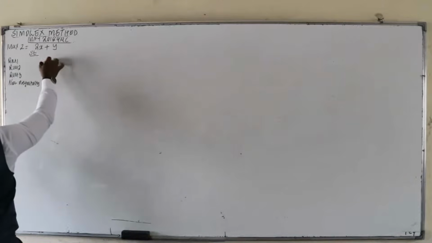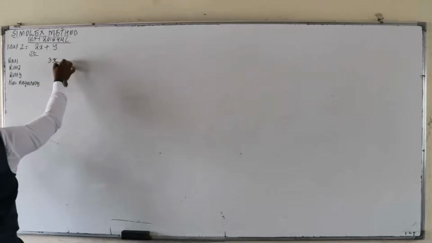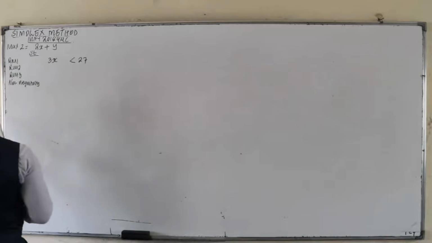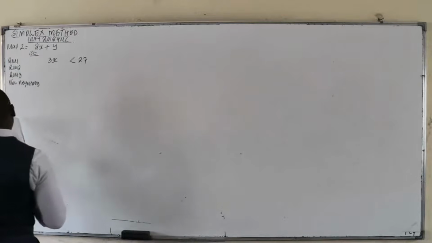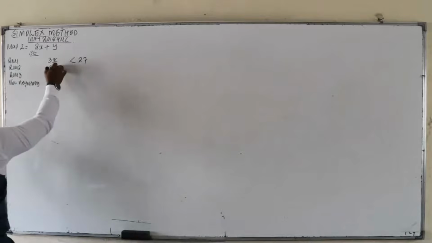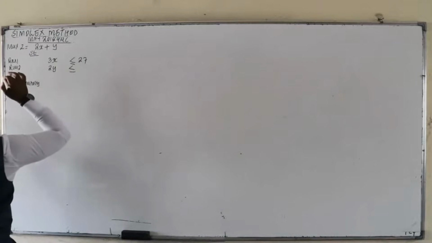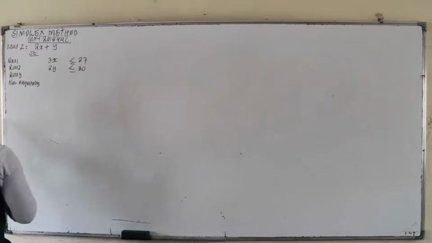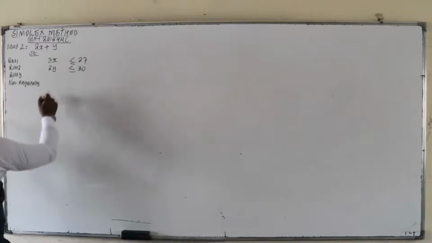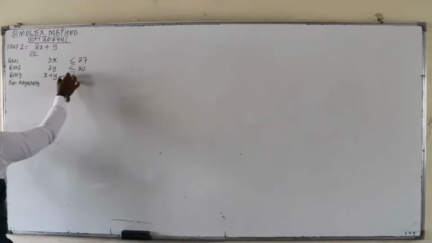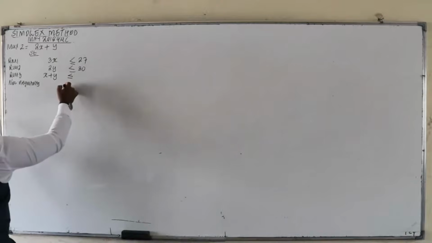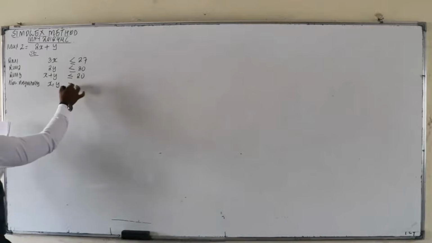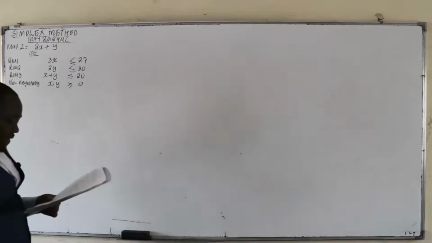So that means it's only 3X less or equal to, the maximum quantity we have is 27. Raw material 2, it's 0 of X, 2Y. So it's 2Y less or equal to the units available for raw material 2. And then raw material 3, it's 1 of X, 1Y. So it's X plus Y less or equal to, the maximum quantity we have is 20. Now non-negativity is X, comma Y should always be greater or equal to 0.